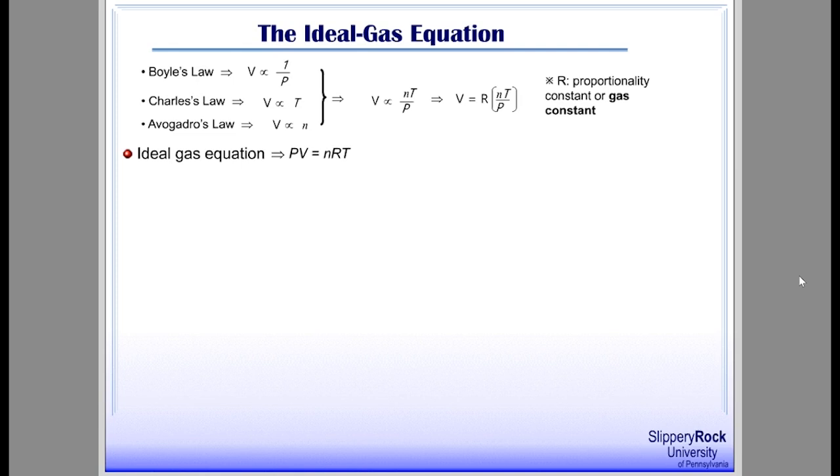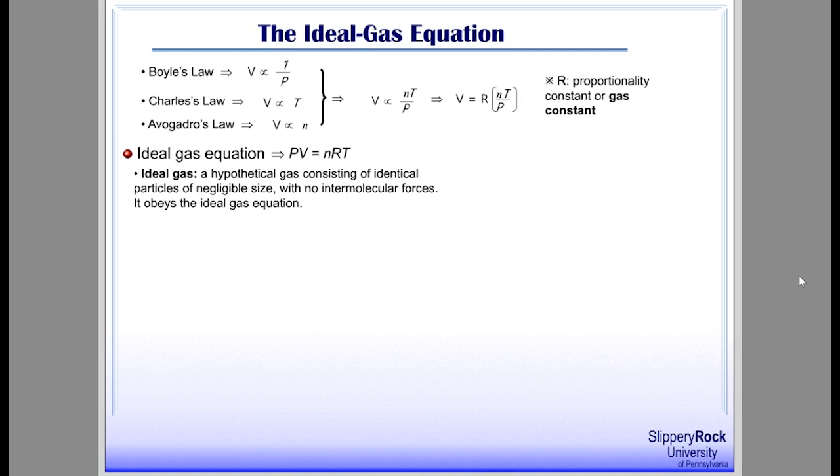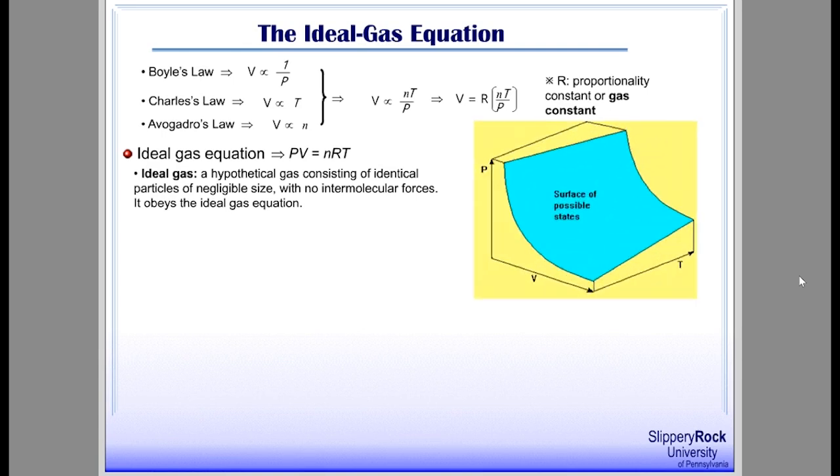An ideal gas is a hypothetical gas consisting of identical particles of negligible size with no intermolecular forces. It obeys the ideal gas equation. This 3D plot exhibits possible states that an ideal gas may take, which is represented by the area in light blue.